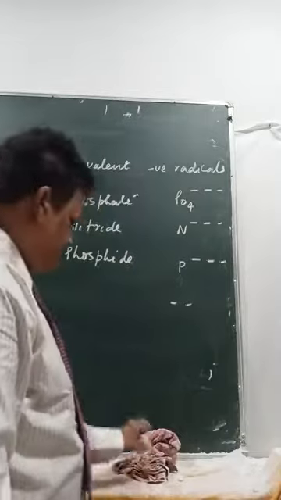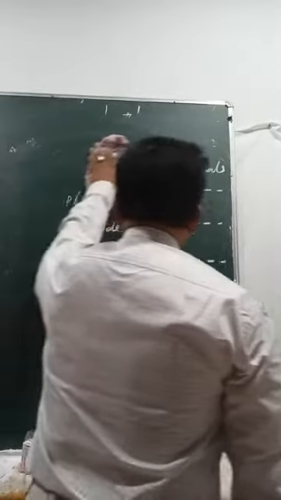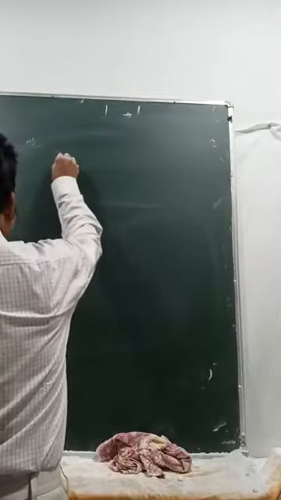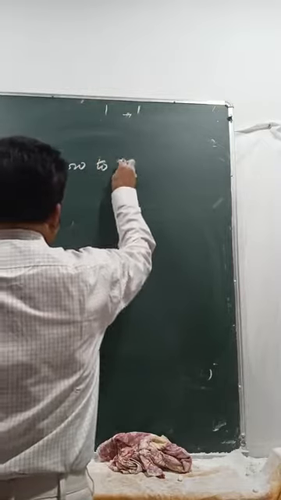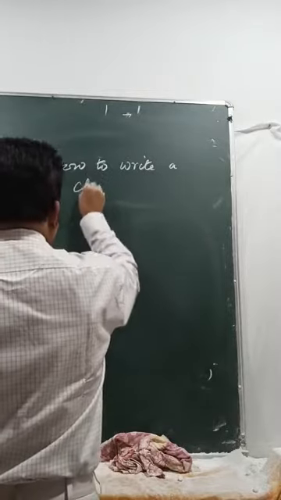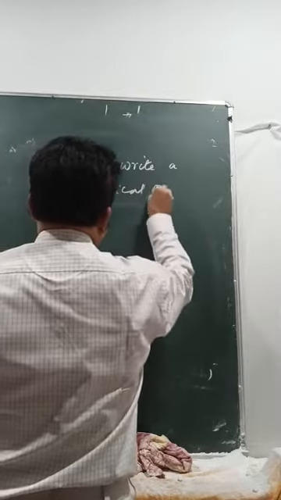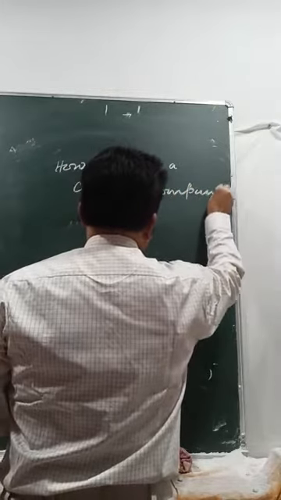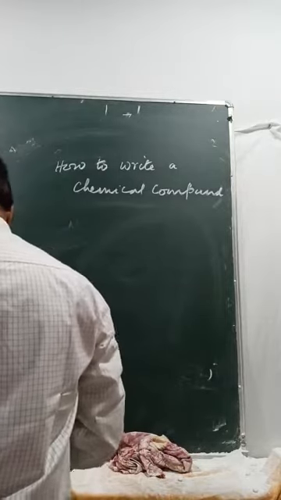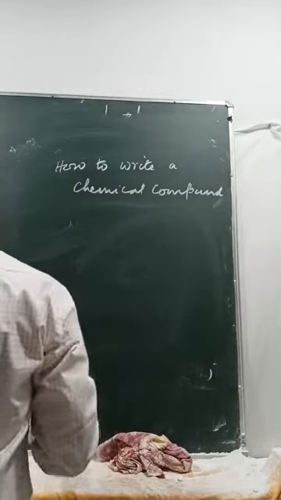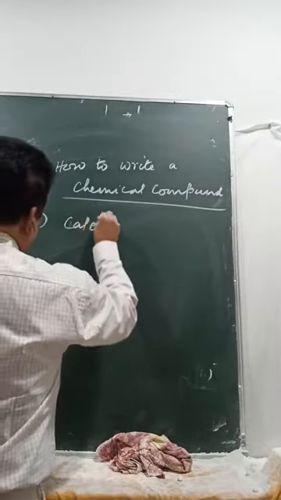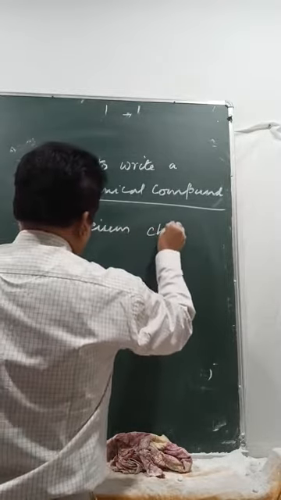Now I'll start teaching you how to write a chemical compound. Okay, so for that, suppose you want to write calcium chloride.